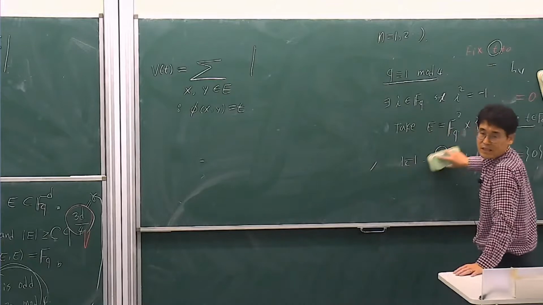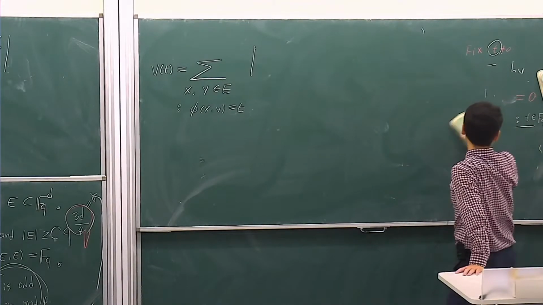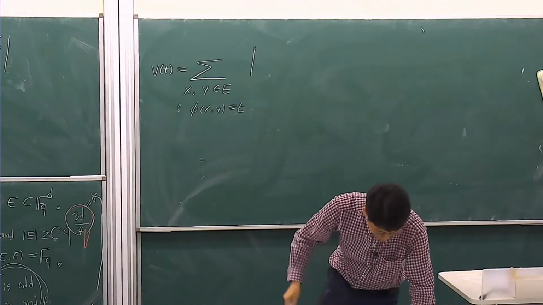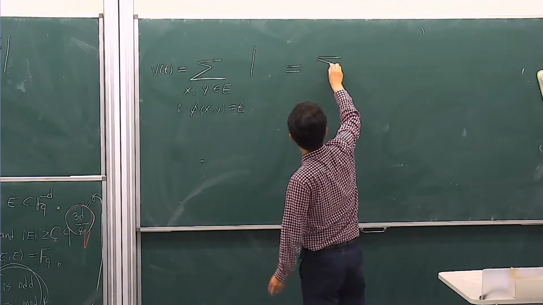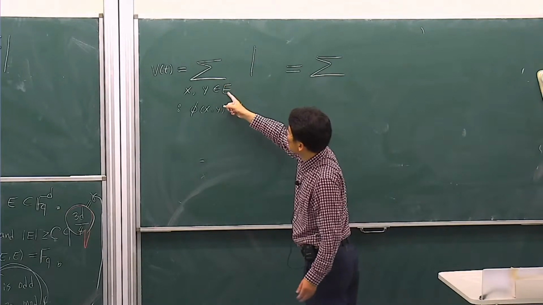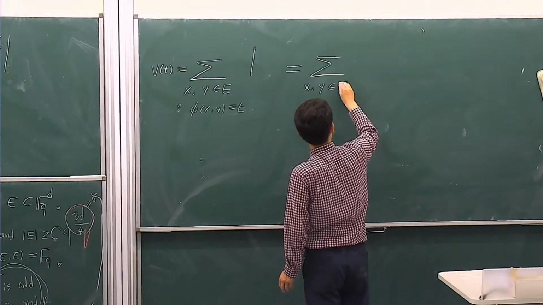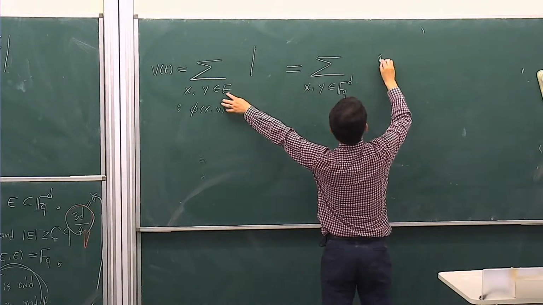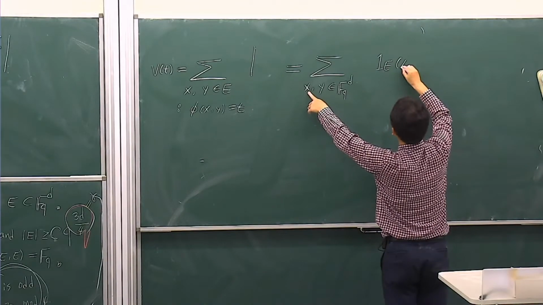Analytic number theorists deal with this kind of sum very well, especially when the dimension is high. So they replace it by this one. This is the indicator function.